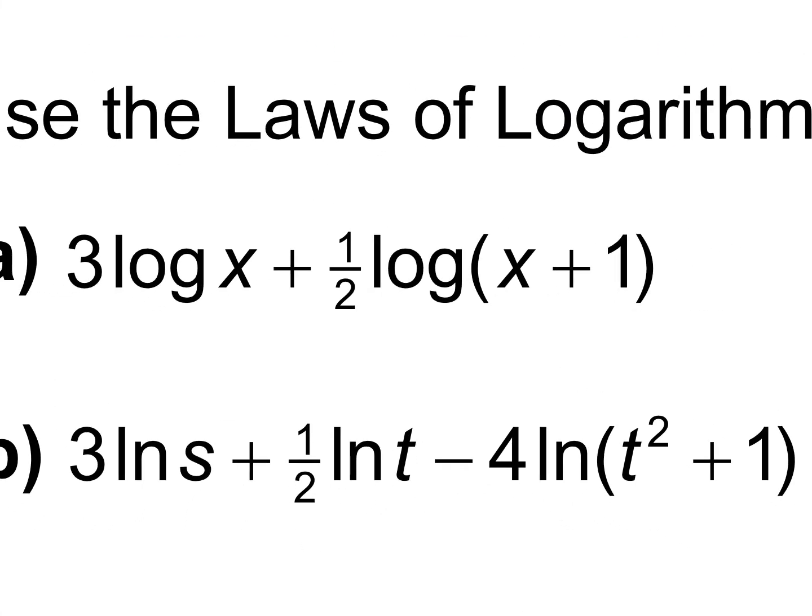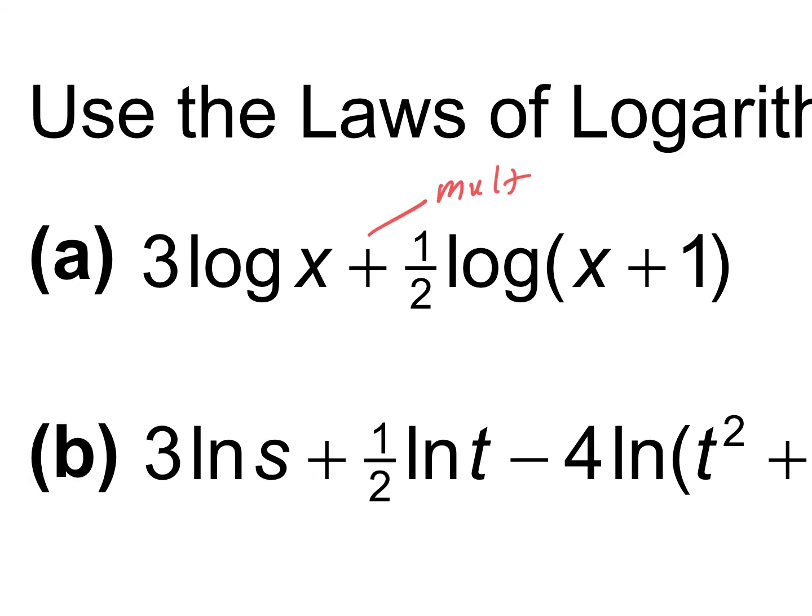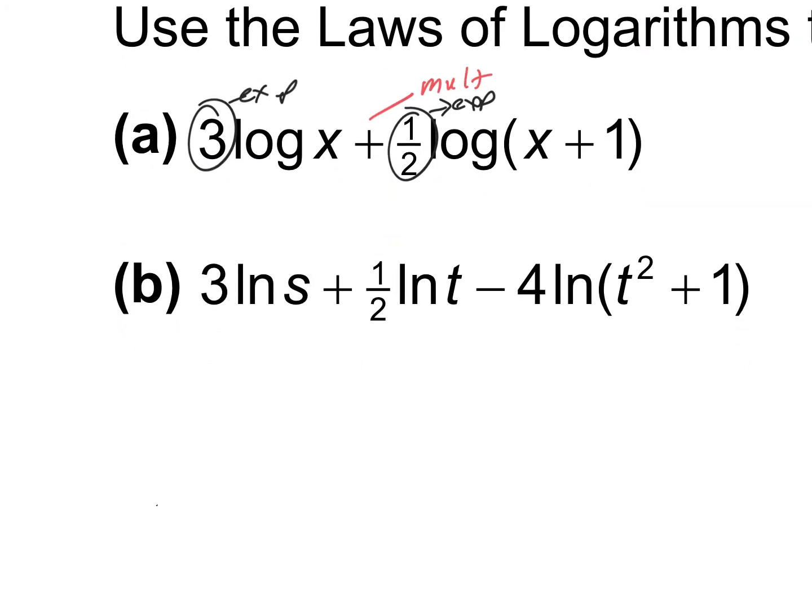I see addition, so what is that going to become? Multiplication. My coefficients here are going to become what? Exponents. Good. Very good. So you're going to rewrite using one log. This happens to be log base 10, so I'm just going to write log. You can write the little 10 if you want to. Now, me personally, I just take things kind of one step at a time. So I'm just going to move the 3 here, and I'm going to move the 1/2.